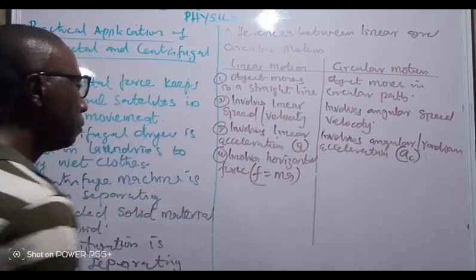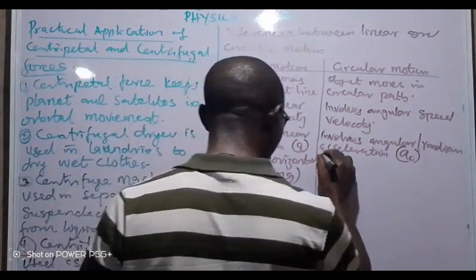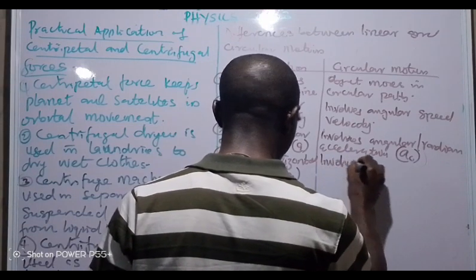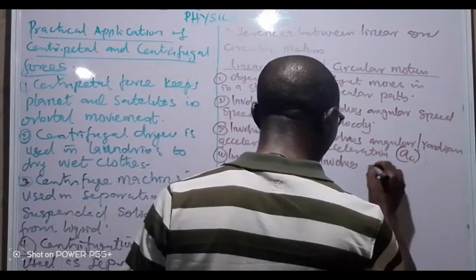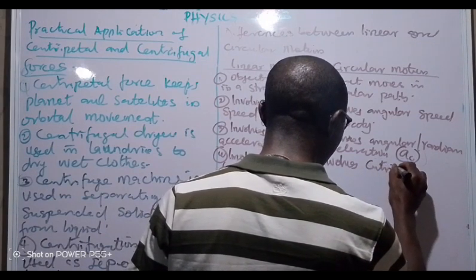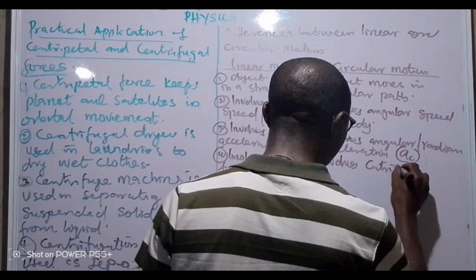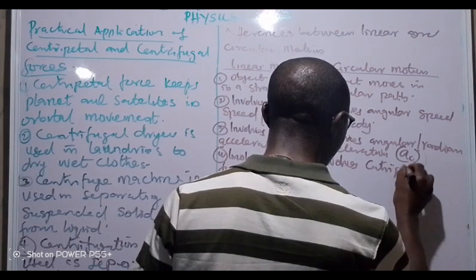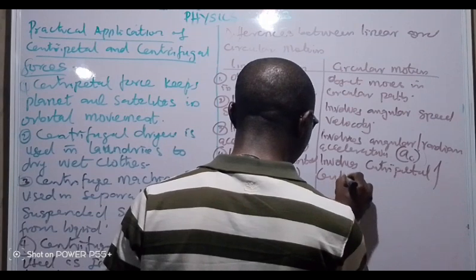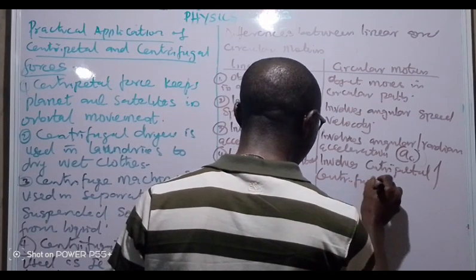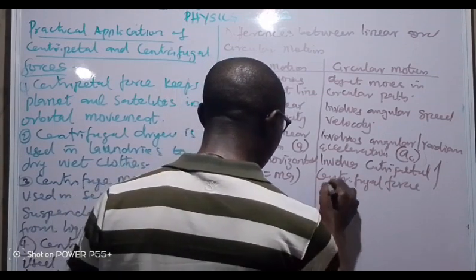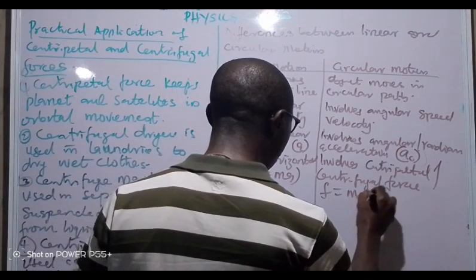Circular motion involves centripetal or centrifugal force, in which the magnitude of the force is mv square over r.